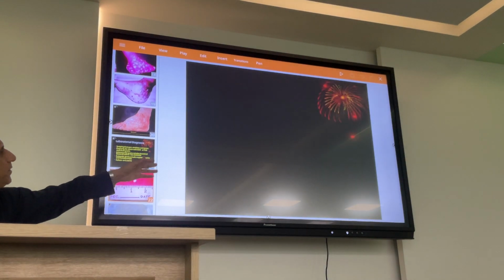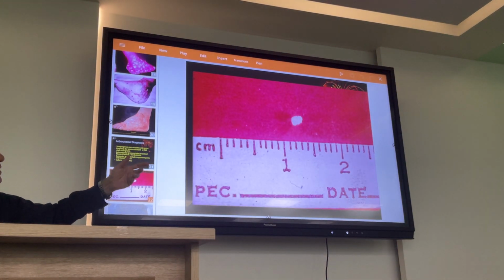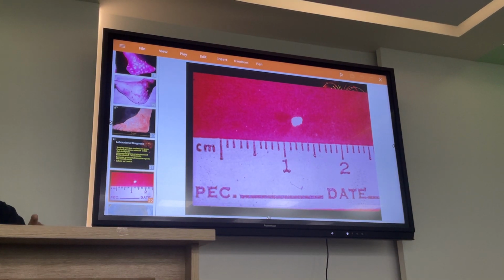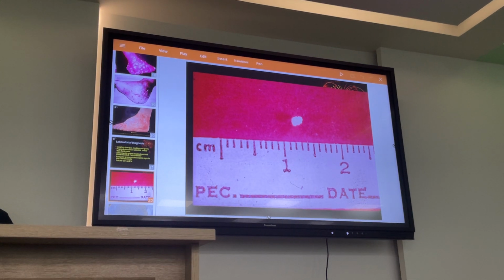This is the shape of a granule. A granule is a compact fungal element or bacterial element that you may see in exudate, in pus.